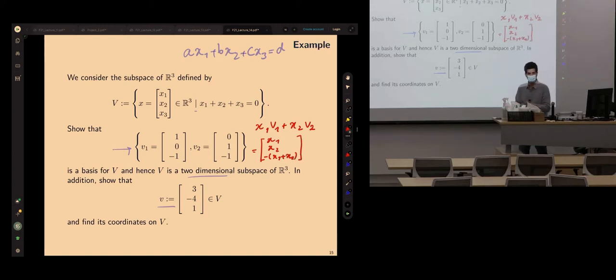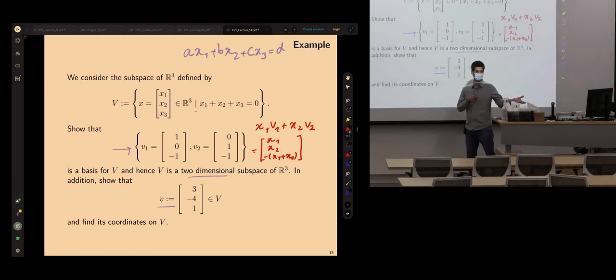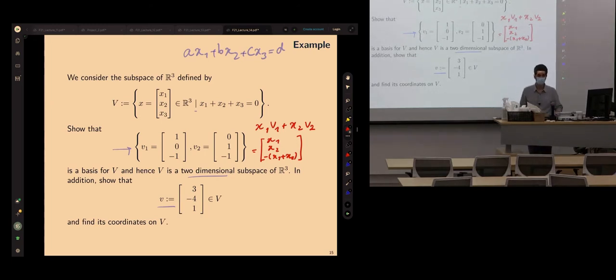So the linear combination of V1 and V2 is giving us exactly the definition of the subspace. So the span of V1 and V2 is the subspace. Okay? That's how we are showing it.